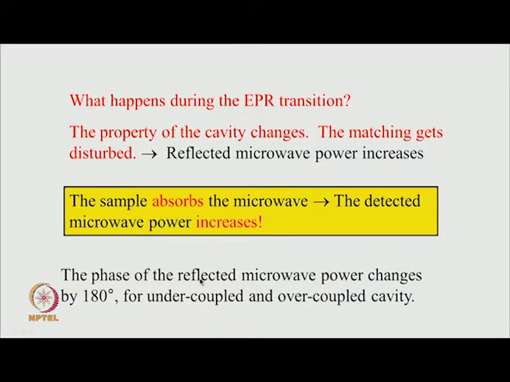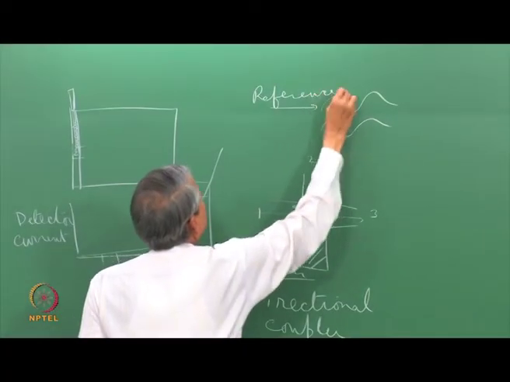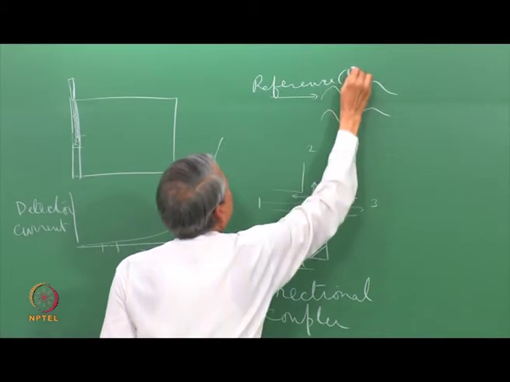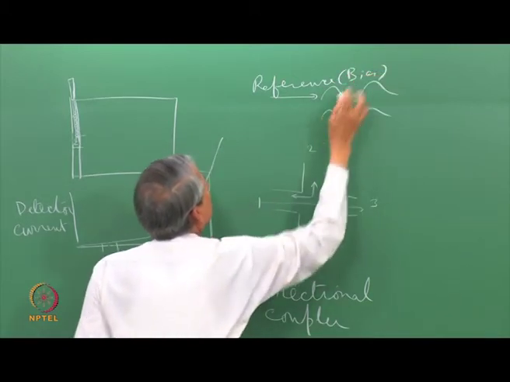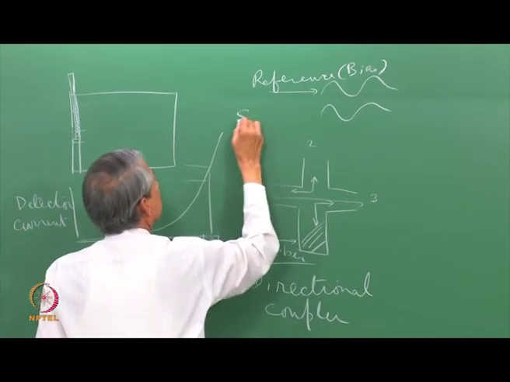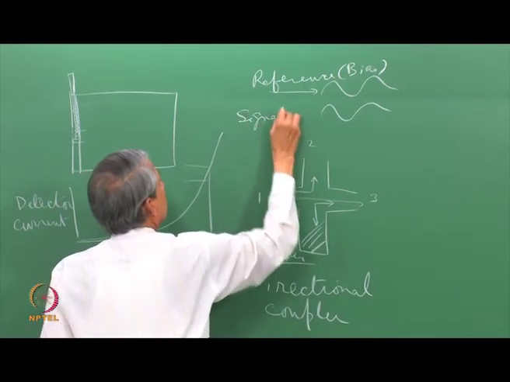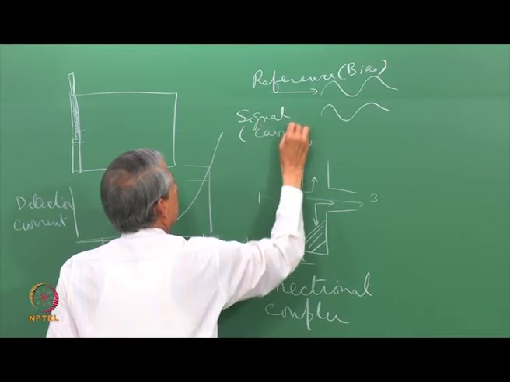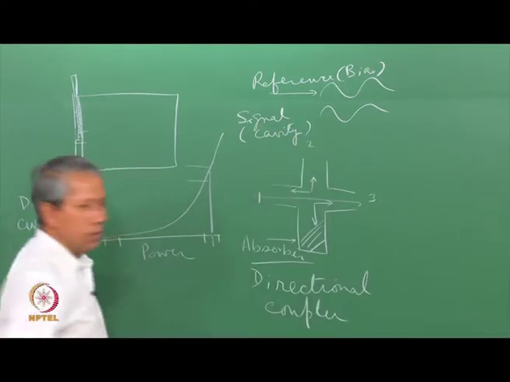Another important thing is that the coupling decides the phase of the power that is reflected from the microwave cavity. So, let us say this is the reference power or the bias power, and this is the signal from the cavity.